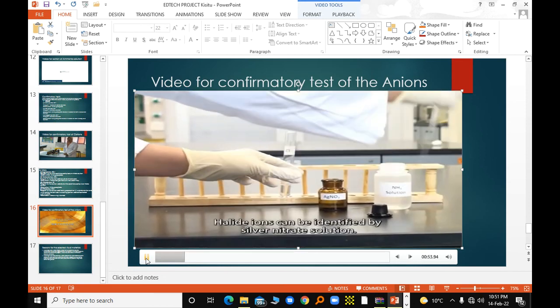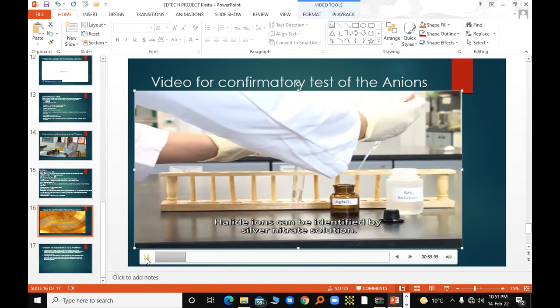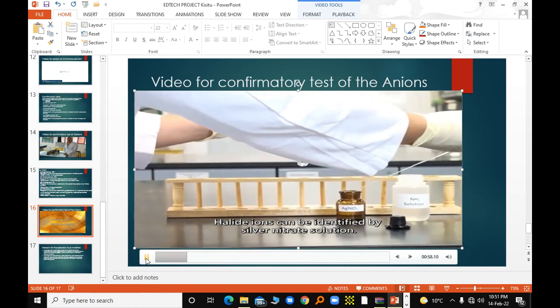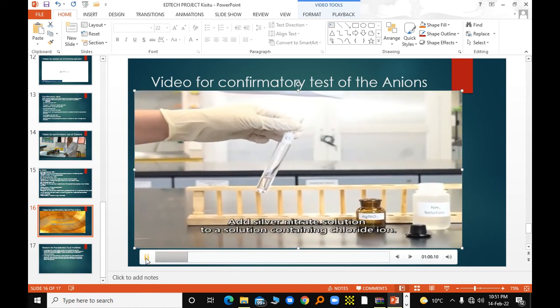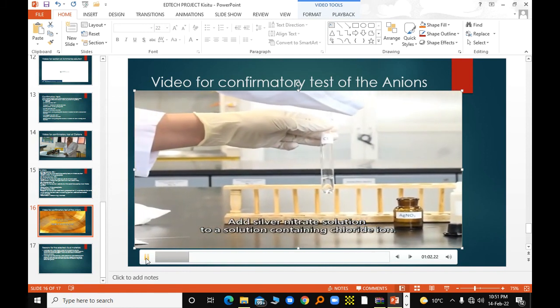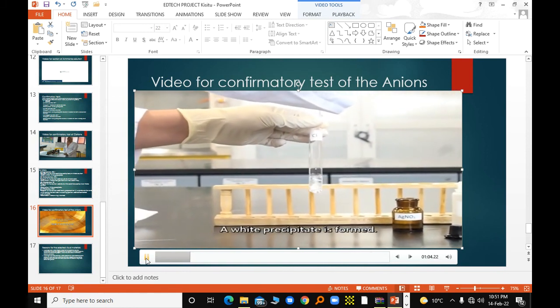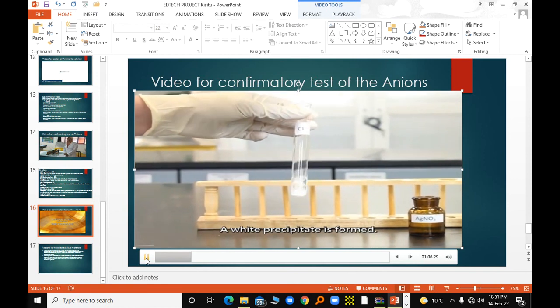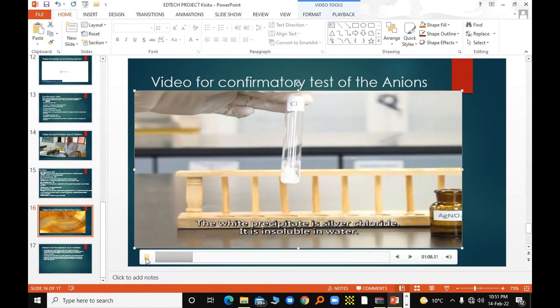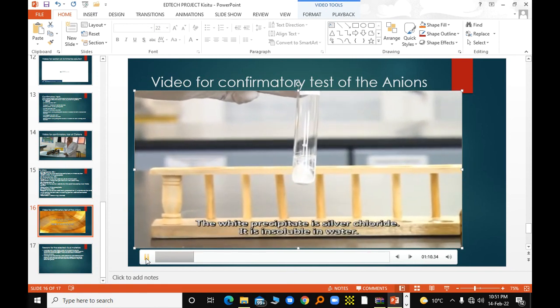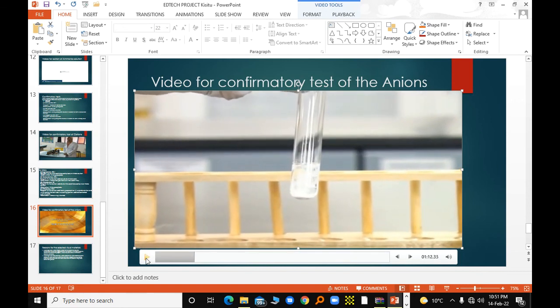Halide chloride ions can be identified by silver nitrate solution. Add silver nitrate solution to a solution containing chloride ion. A white precipitate is formed. The white precipitate is silver chloride, which is insoluble in water.